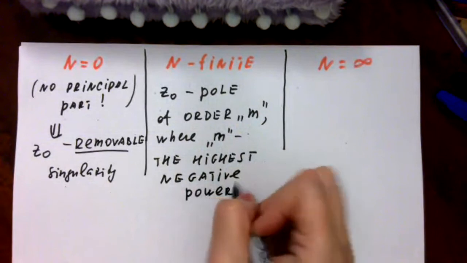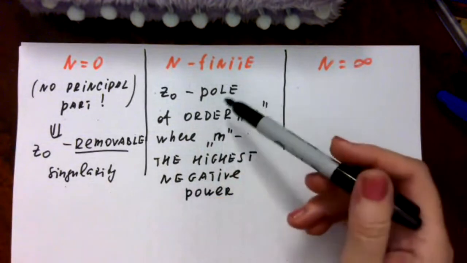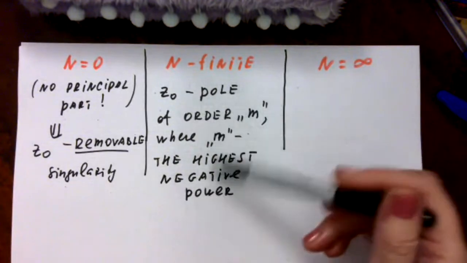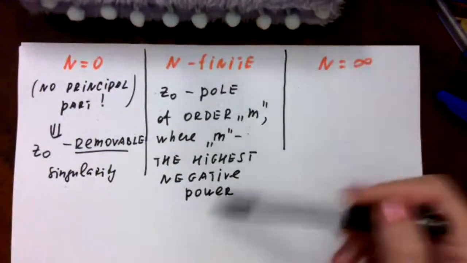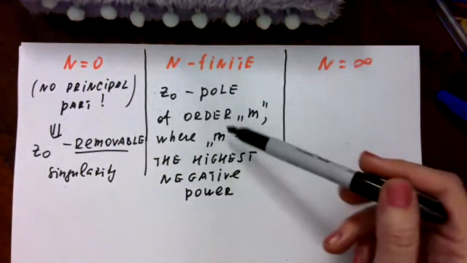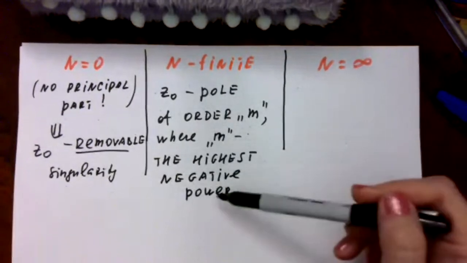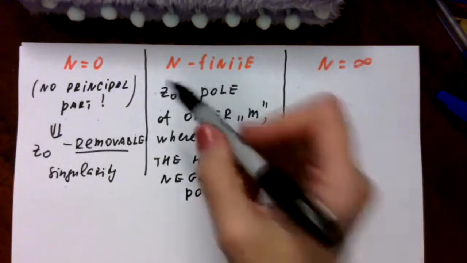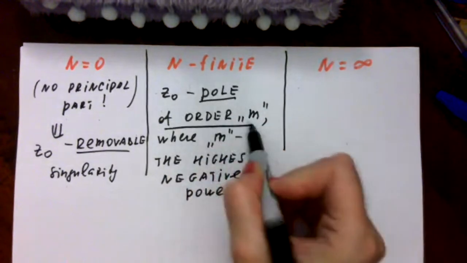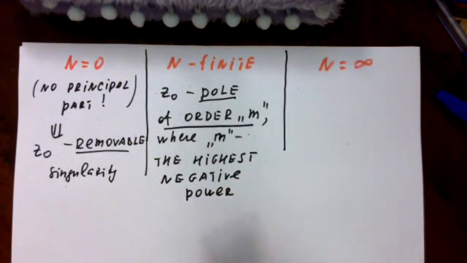So in case of a pole, the number of terms in this principal part is limited. It's just a finite number, like 3, 5, maybe 10. It doesn't matter, just limited, not infinite. And the highest negative power shows you the order of this pole. So this is the second name, pole of order M.